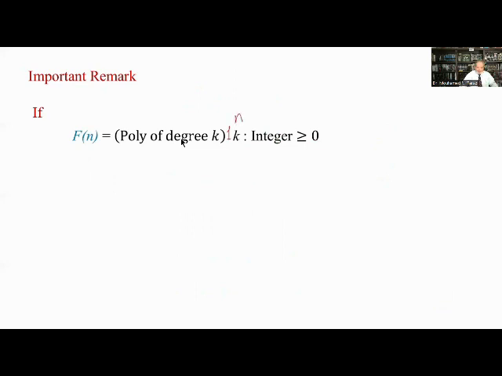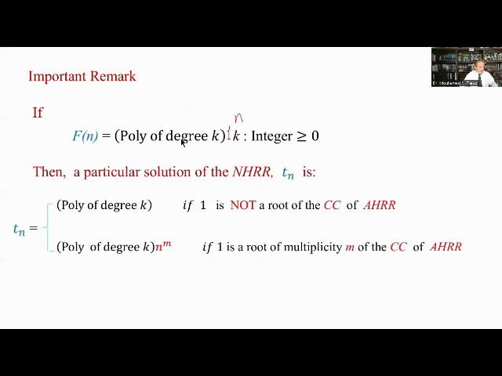So a particular solution of the non-homogeneous is a polynomial of degree k if 1 is not a root of the characteristic equation, and n to the power m times a polynomial if 1 is a root of multiplicity m of the characteristic equation. So you pay attention to this special case when 1 is hidden here, it's not there, okay?